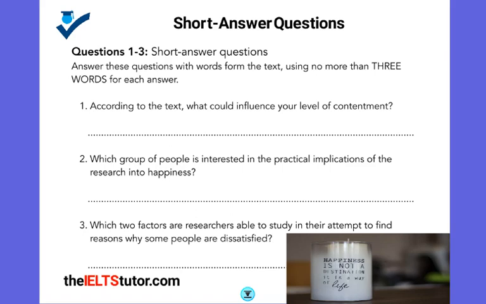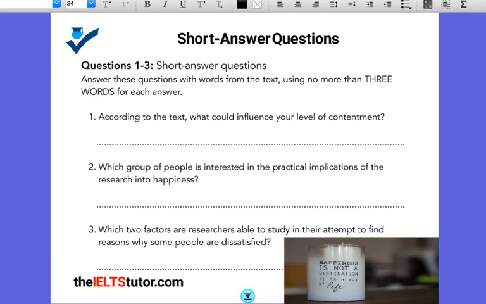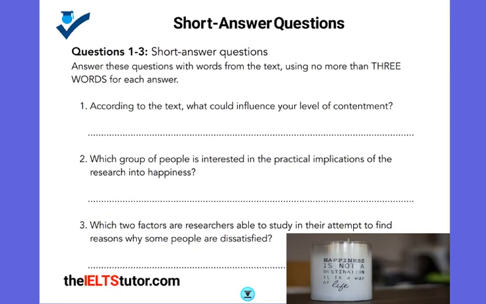So you can see here that you need to answer these questions with words from the text, using no more than 3 words for each answer. So when they ask you to give 3 words, do not give 4. You can, of course, give 2 words, that's fine, as long as they're within the maximum word count, which is 3. But even though you may have the correct answer, if you give an extra word, you will lose marks, or that answer will be considered wrong.